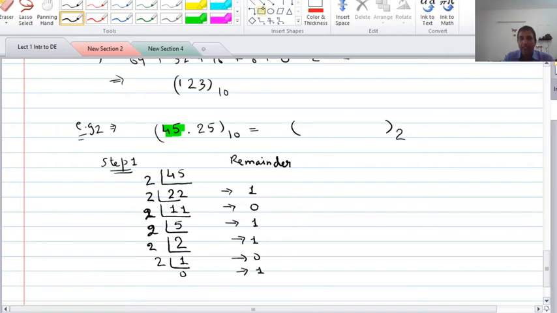So again, writing in this direction, considering this bit as MSB and this as LSB, we can write here that the equivalent value of 45 is 101101.